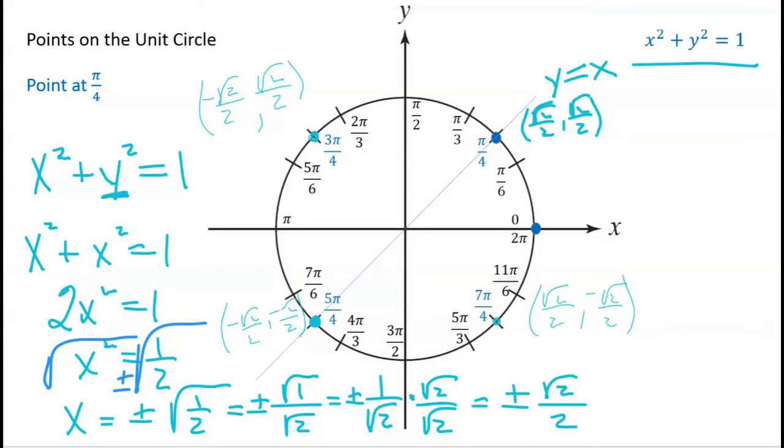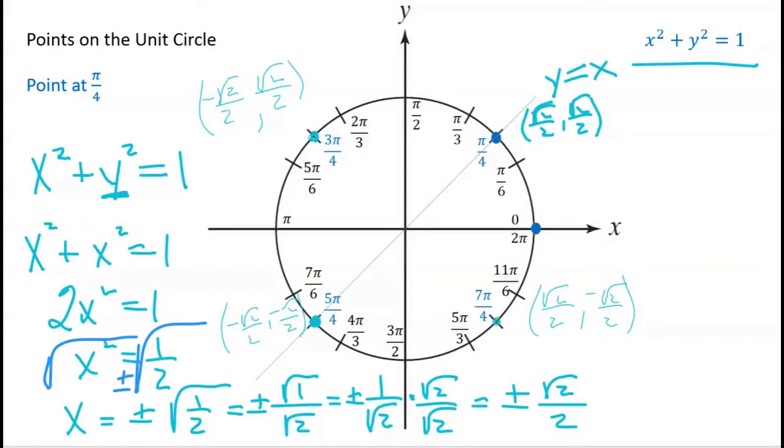So positive square root of 2 over 2 for x and y here. Negative square root of 2 over 2 for x, positive square root of 2 over 2 for y, and this is at the angle 3 pi over 4. At the angle 5 pi over 4, they're both negative square root of 2 over 2. And at the angle 7 pi over 4, we have a positive square root of 2 over 2 and a negative square root of 2 over 2.